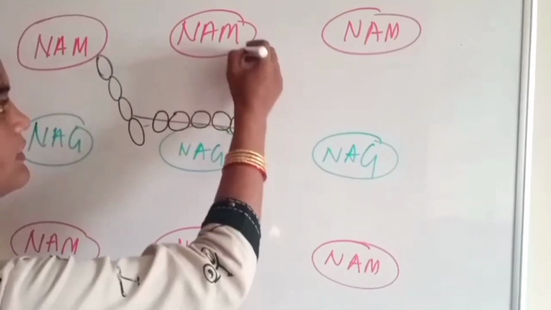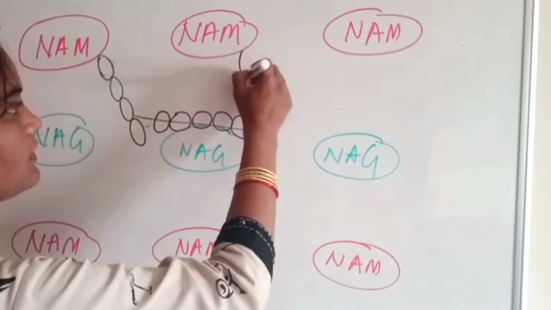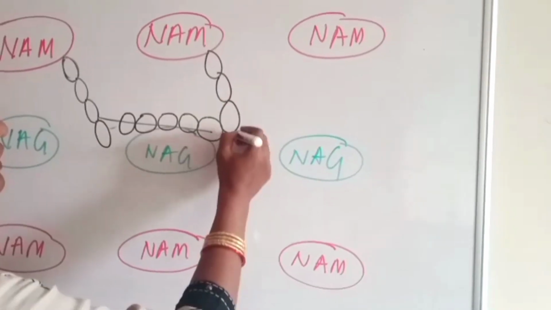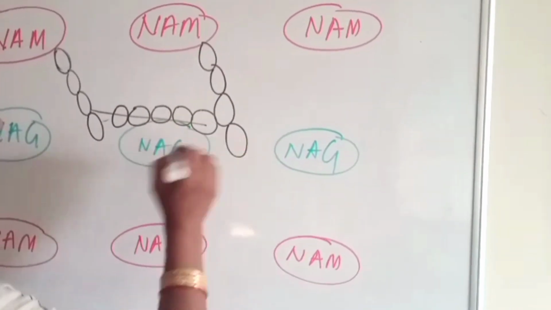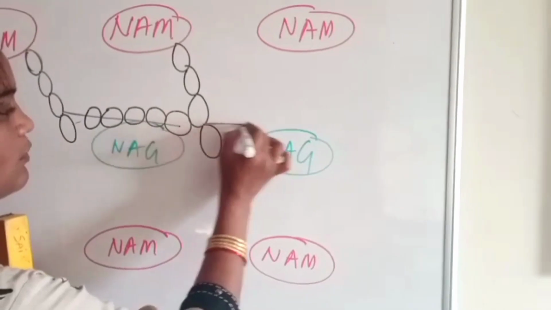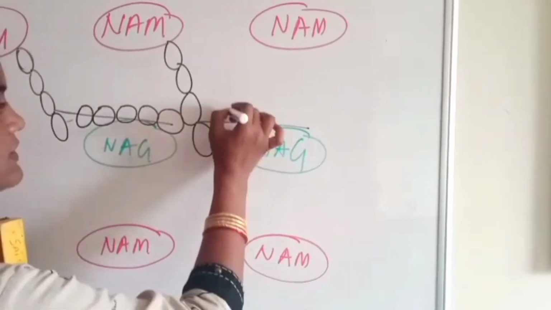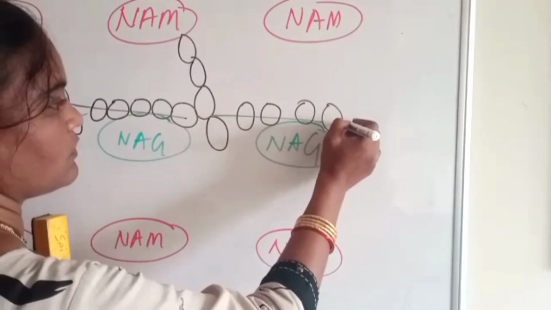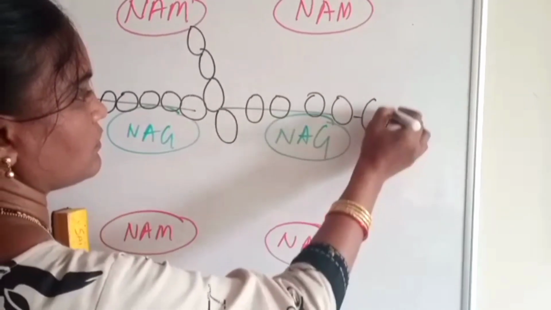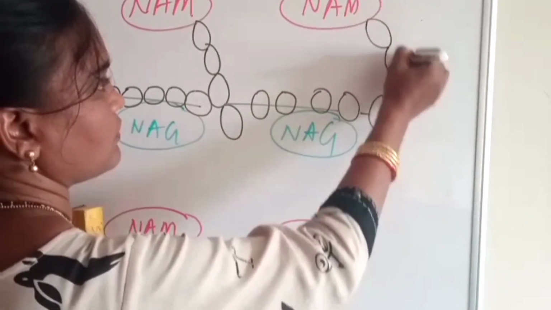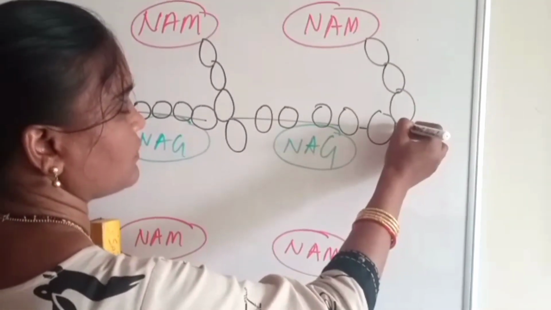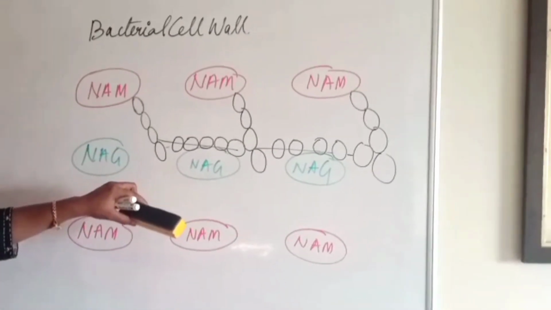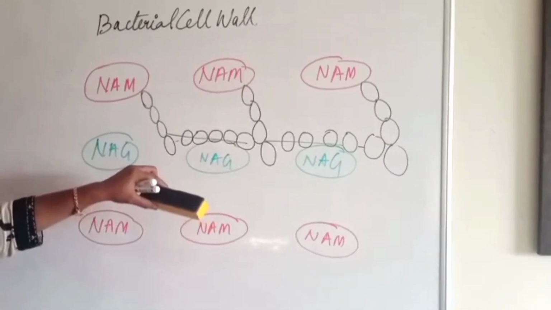Again NAG, NAM, four amino acids 1, 2, 3, 4, and this is your 5. These are your pentapeptide bridges, glycine residues. This is how your framework is arranged in your bacterial cell wall.